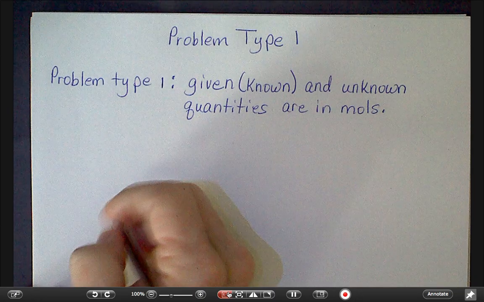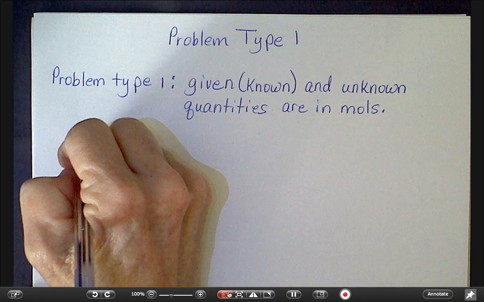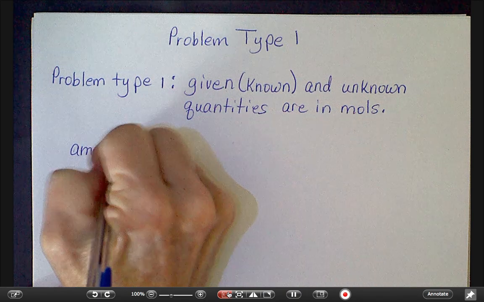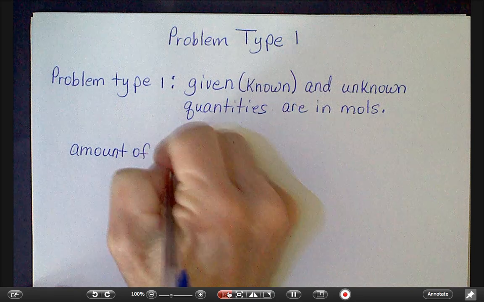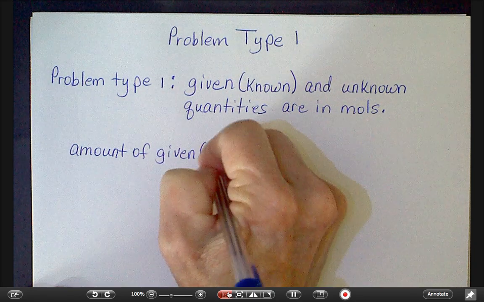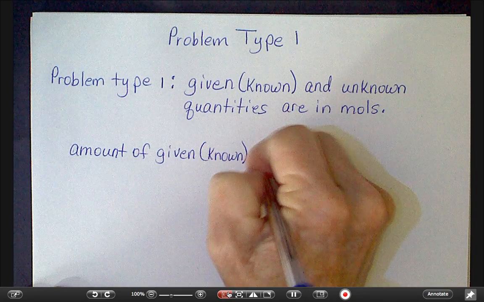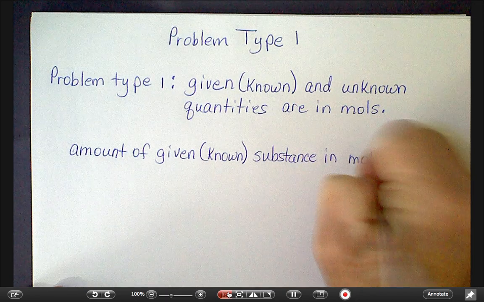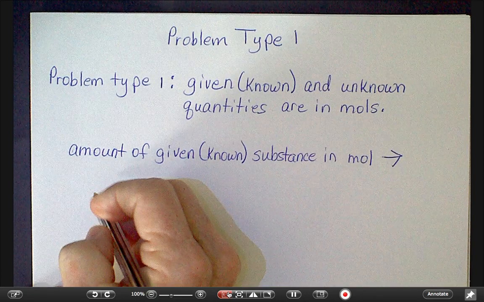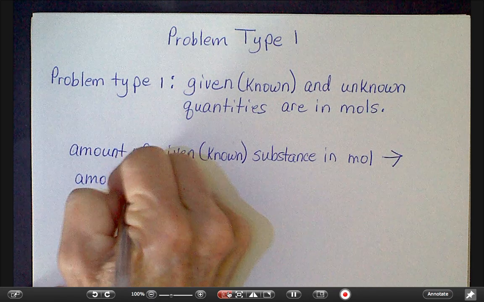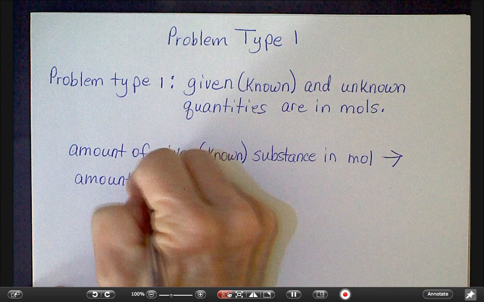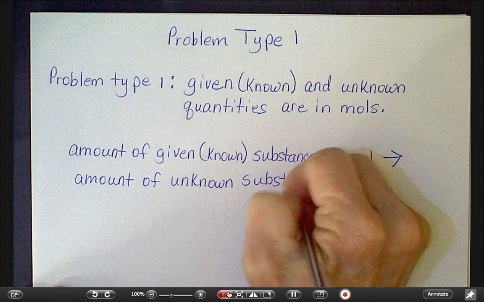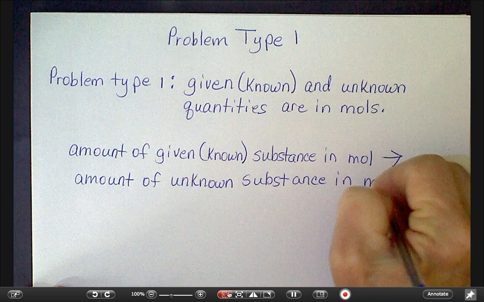Okay. So basically you are converting from the amount of given substance in mole, which is also called the known, to amount of unknown substance in mole.